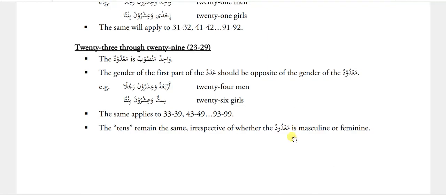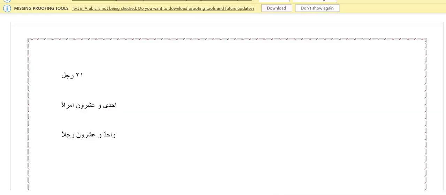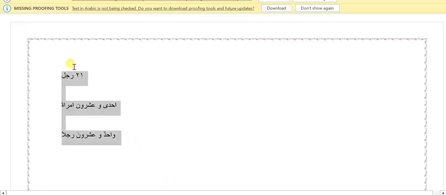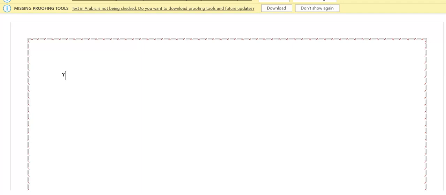But from 23 to 29, again from 3 to 9, the rules will be changed. If the madud is muzakkar, the adad will be muannas. For example, if we want to say 23 men, here we have to say salasatun wa ishruna rajulan.